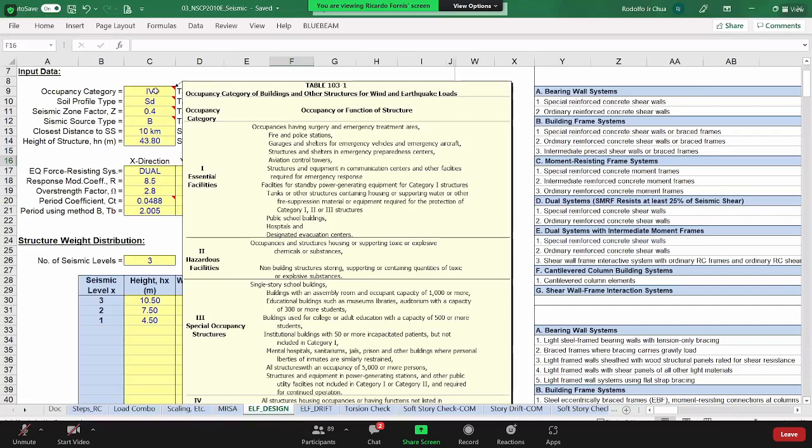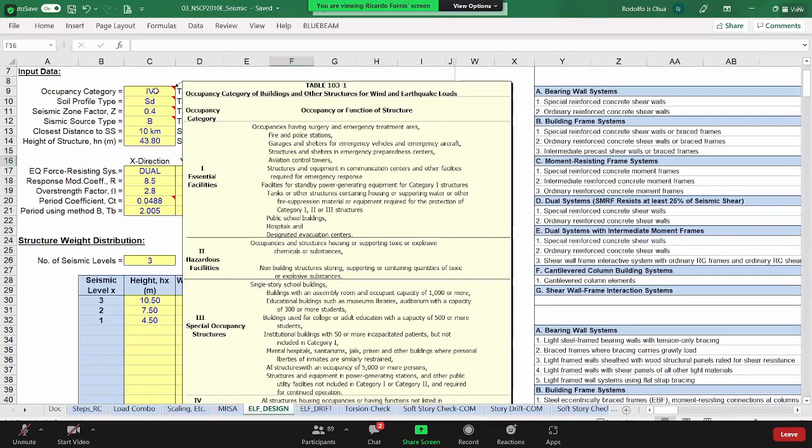Again, you don't want the hazardous facility to be severely damaged or even collapse during a strong earthquake. Otherwise, it will be chaotic because the chemicals might explode or create further damage to the surrounding buildings.